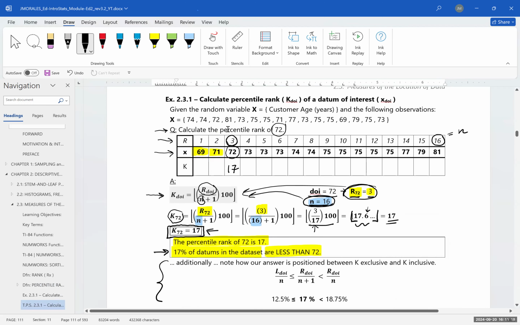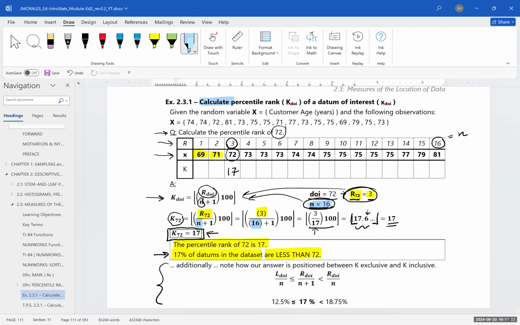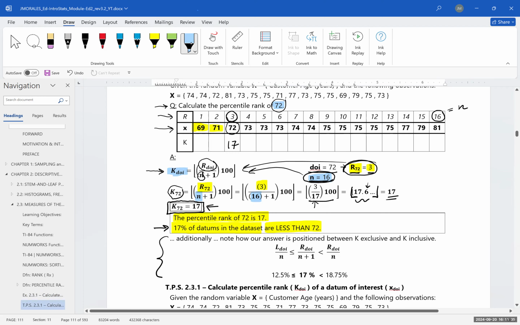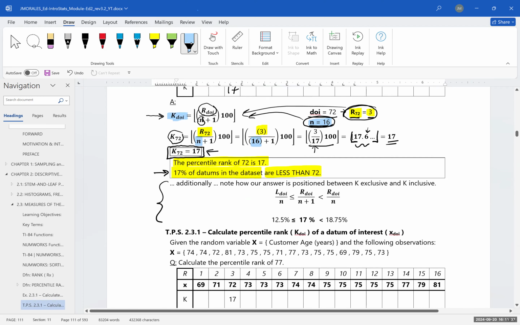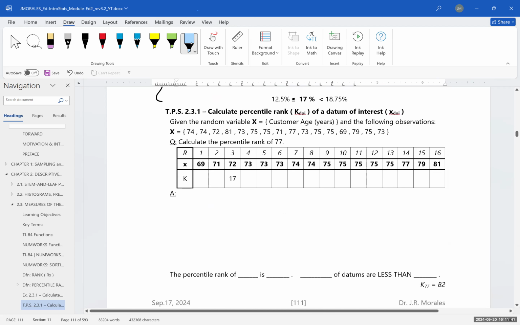So now that you've seen an example of calculating percentile rank of a datum of interest. So here, this was our datum of interest, and we wanted to calculate percentile rank. Use this example as a model and see if you can calculate this think pair share.